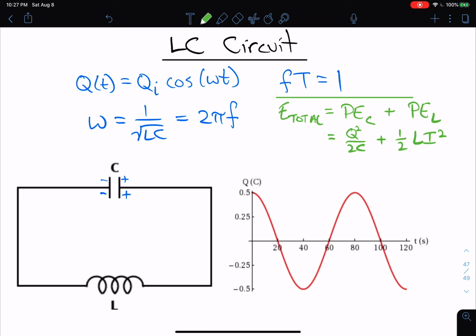this statement is true. Now we can look at specific moments in time and get slightly different formulas that come from this. So if we look at the situation where, well, let's just look at this one right here, where there's no charge. So Q is 0. Okay, if there's no charge, that means all the energy is in the inductor, and that must also mean that the current is at its max value.